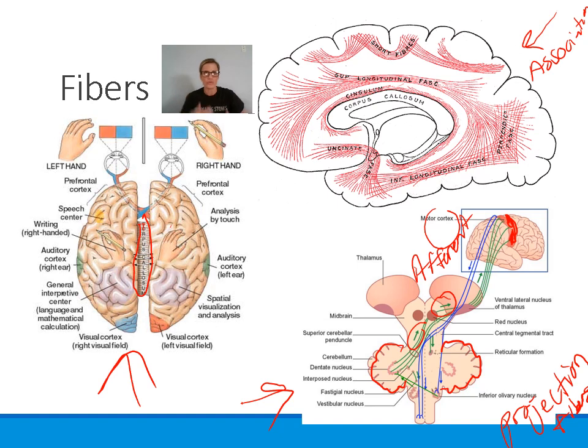So like learned movements that you do over and over and they get better and better and better. The cerebellum is important in that process. So you can see the cerebellum is sending signals up to the motor cortex to give it help, or give it instructions on how to improve the signals that it sends out the next time.